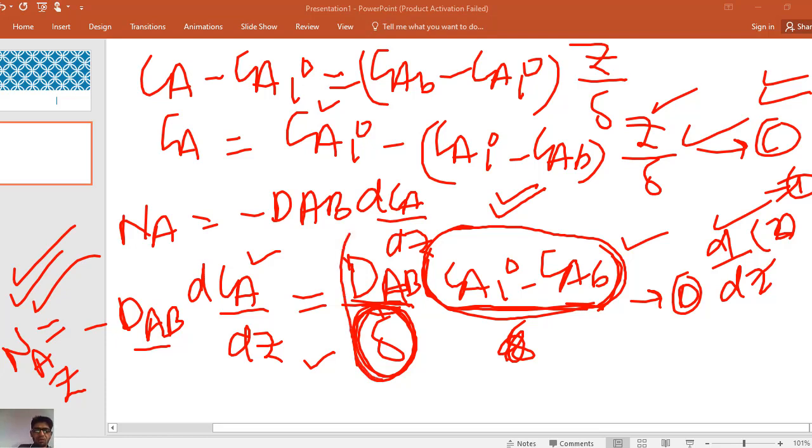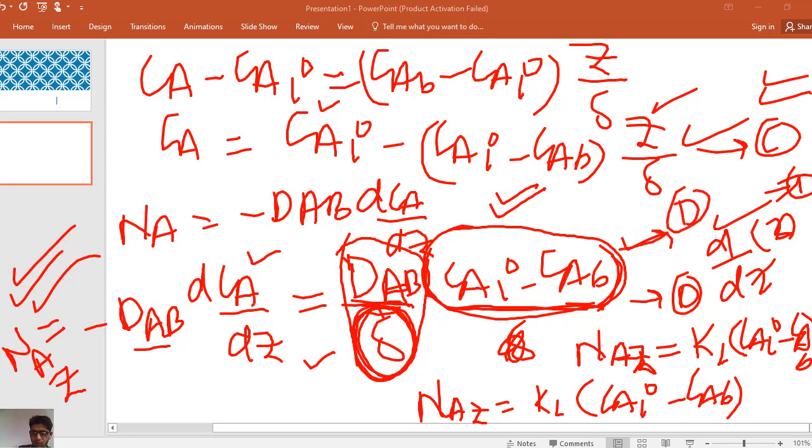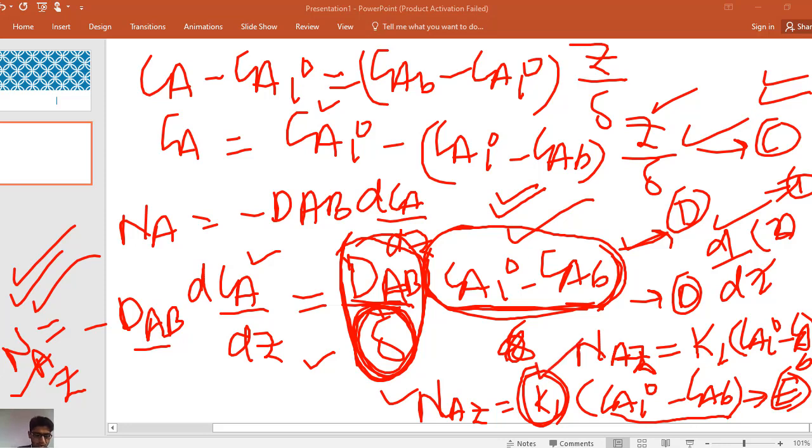So DAB divided by thickness is just like the mass transfer coefficient, as we know that NAZ equals KL times (CAi minus CAb). Suppose this is equation E. Compare equation D and E: KL is equal to DAB divided by the thickness, and this KL is the mass transfer coefficient.